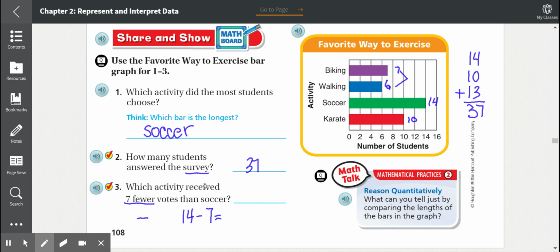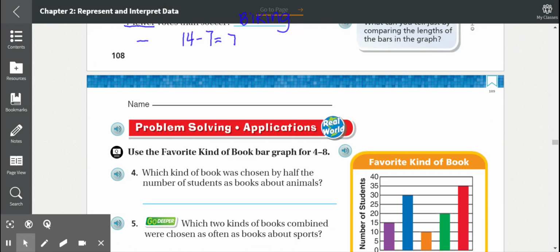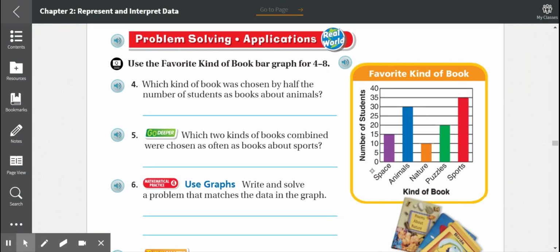Okay, take a minute, figure that out, write your answer down. You should have gotten 7. So which sport got 7? Oh, look, biking did. So biking received 7 fewer votes than soccer. All right, let's go on to the next page.